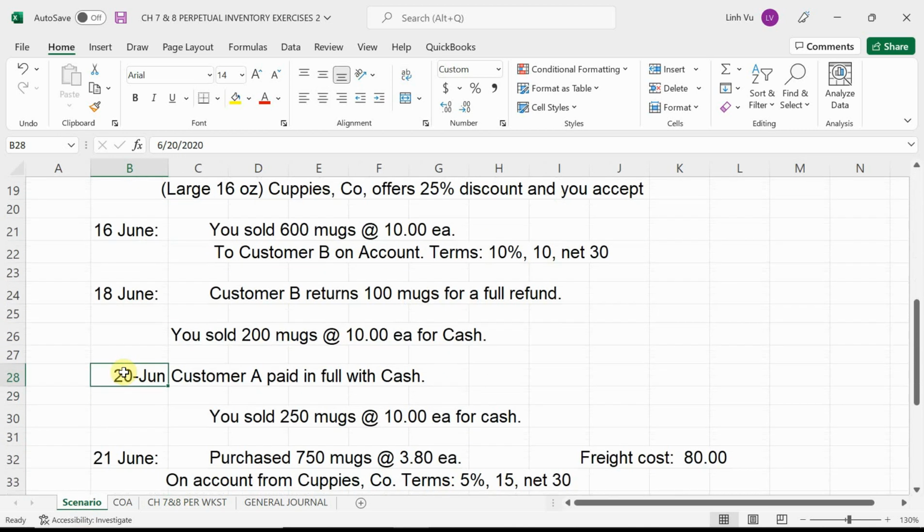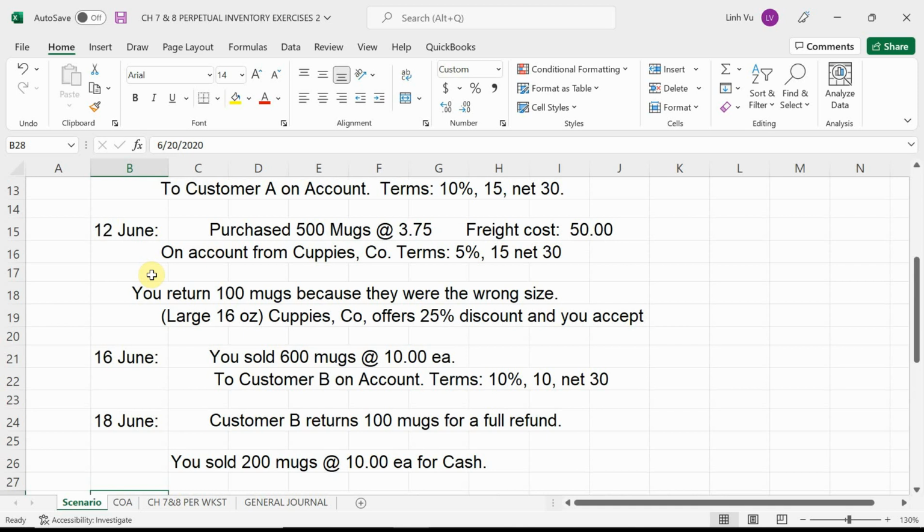Okay. It's now June 18. And we end up, let me see. Oh, wait, I missed one. June 16. Okay, so June 16. We end up selling 600 mugs for $10 each on an account to customer B. And the terms we gave them was 10%, 10, net 30.